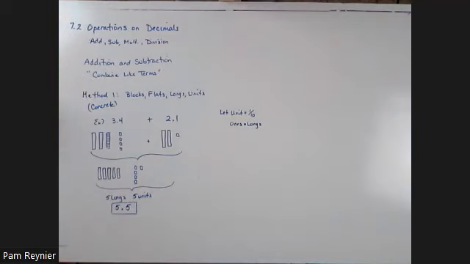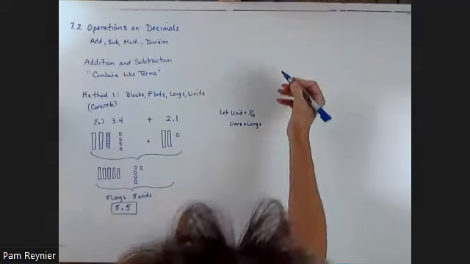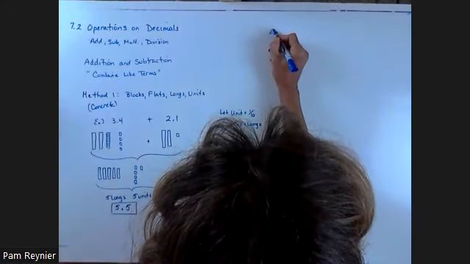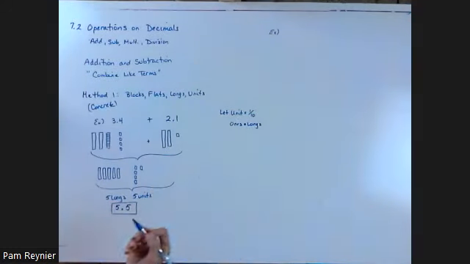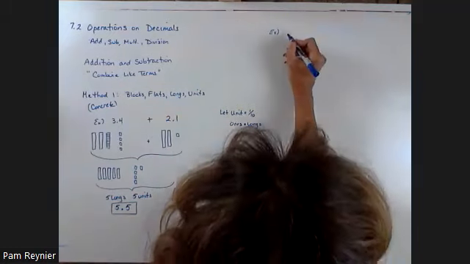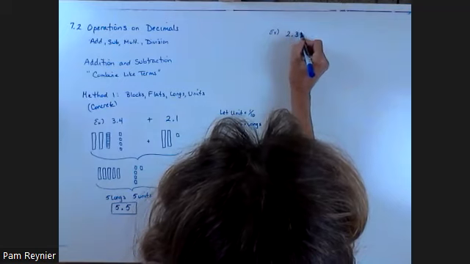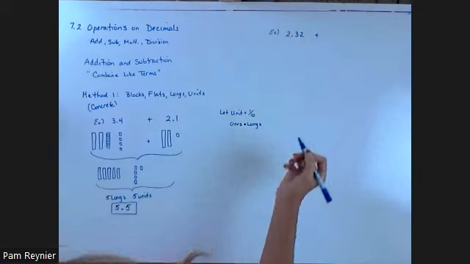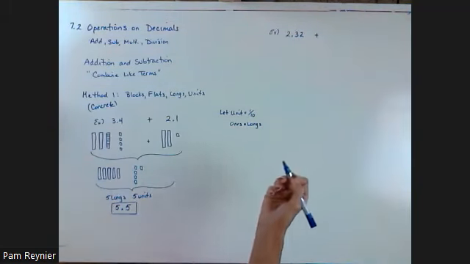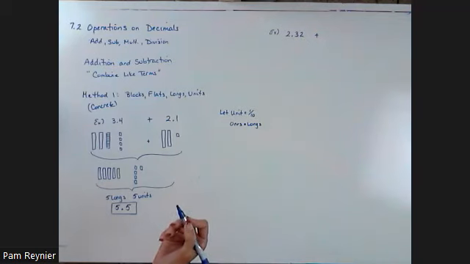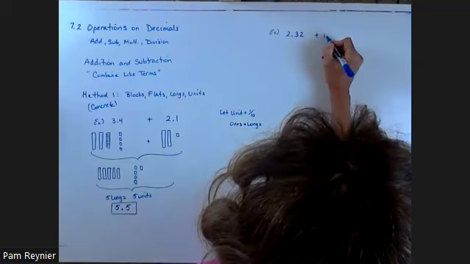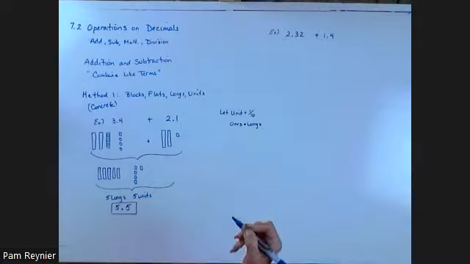Then I would probably move to an example that has different place values. So let's say, for example, we are looking at 2.32 added to 1.4.